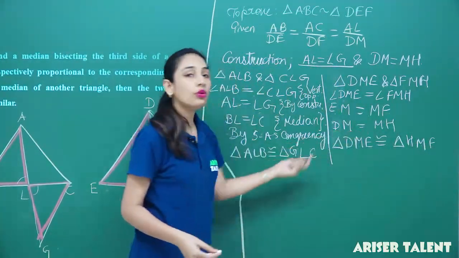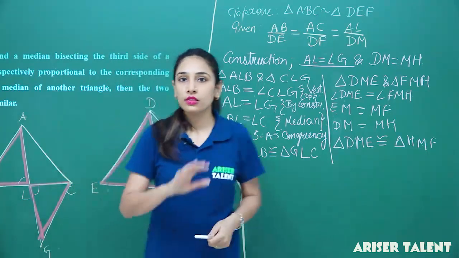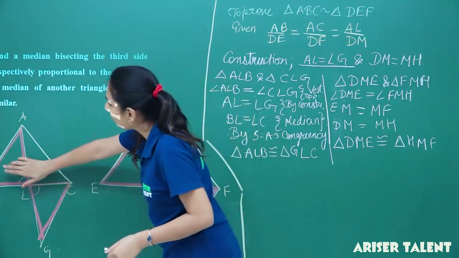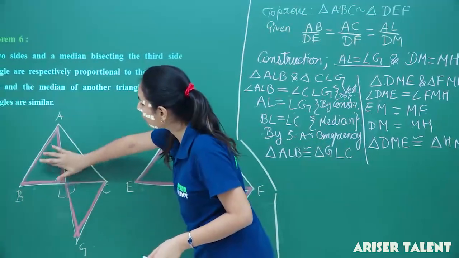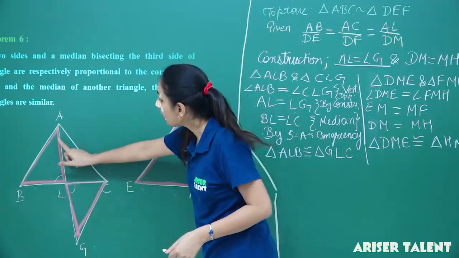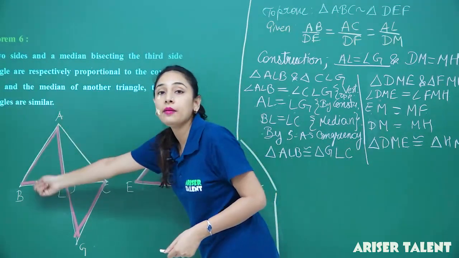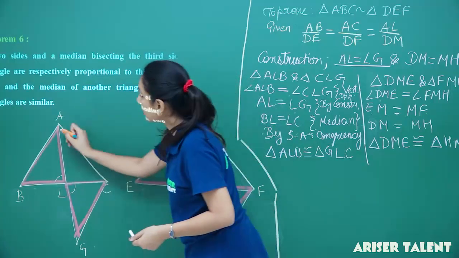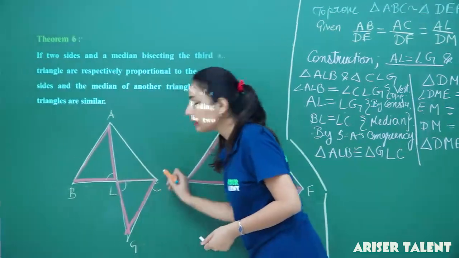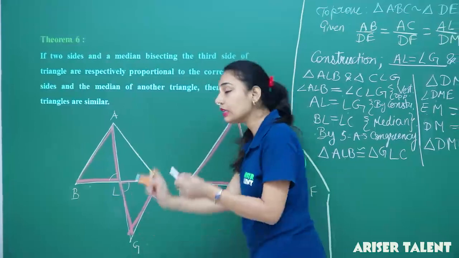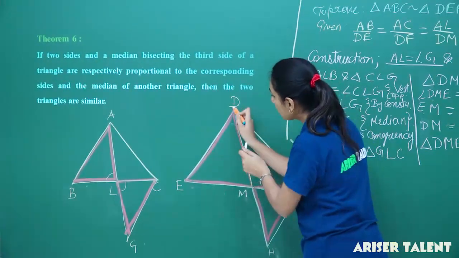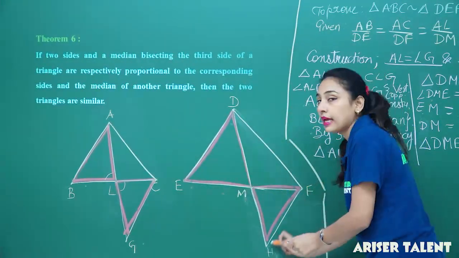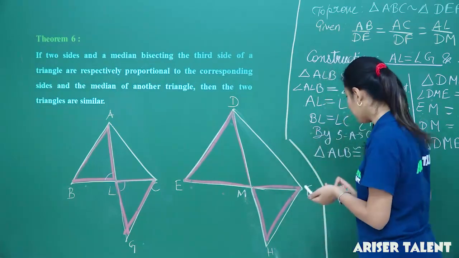So these two triangles are congruent. So by congruency, if I look into these two triangles, this side AB will be equal to this side GC, and similarly in these two triangles DE will be equal to HF, right?